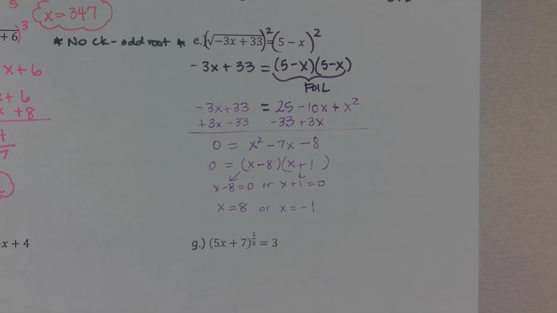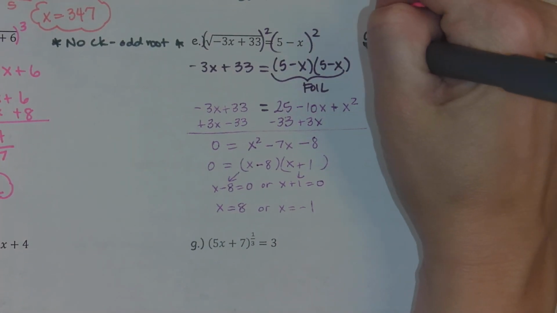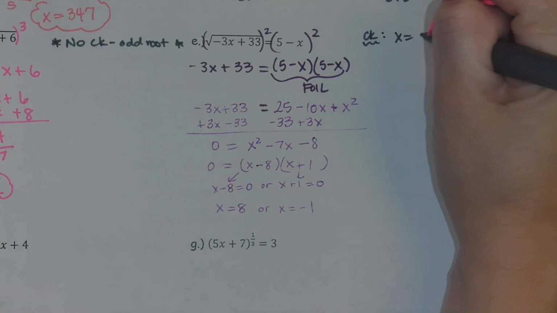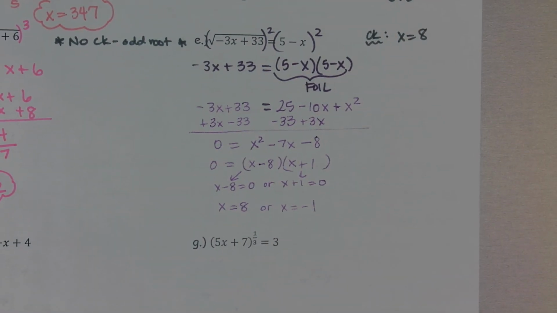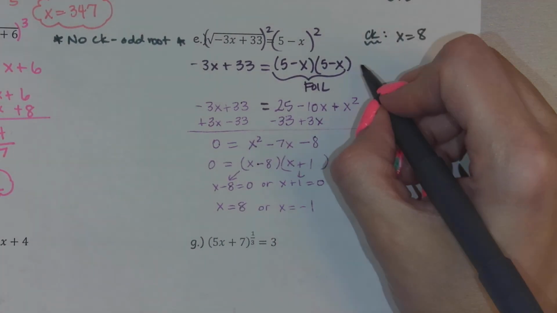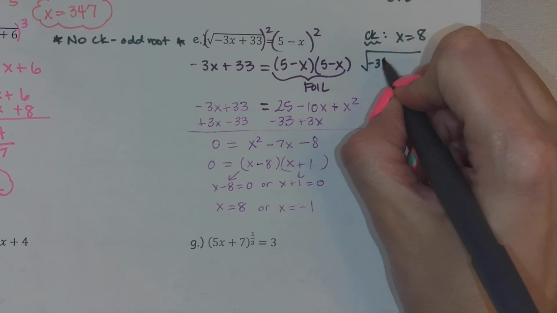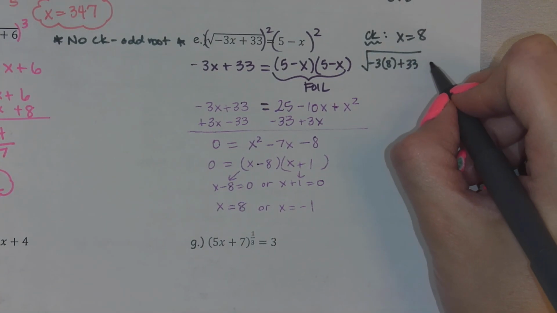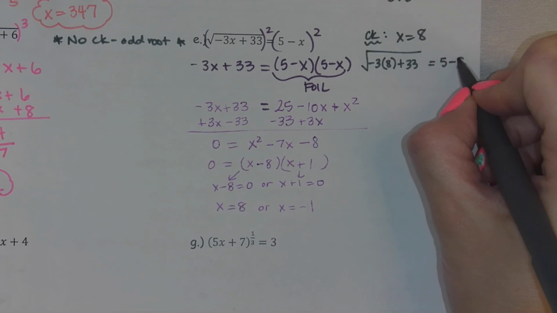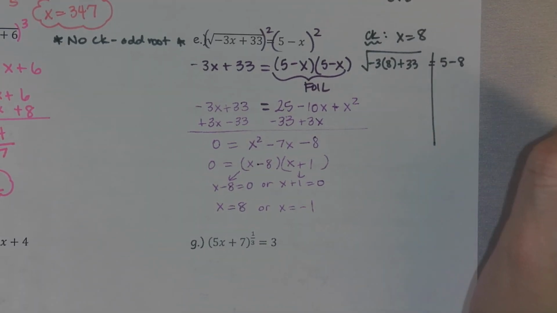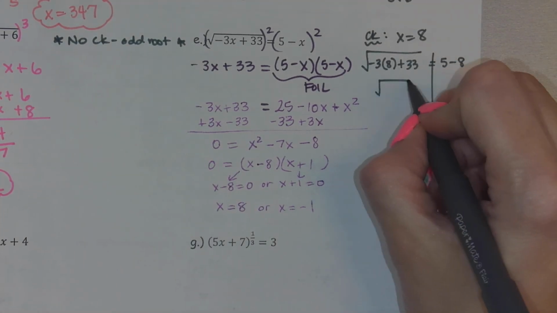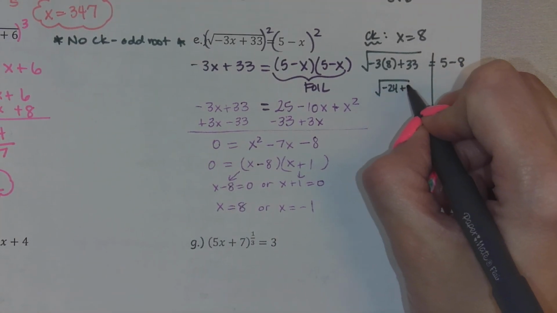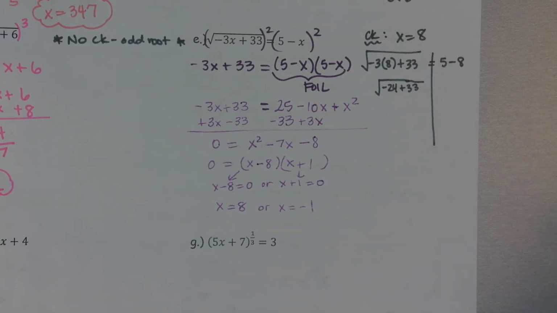Okay, so this is where we need to make sure that we check both of our solutions. So first we can check the 8. And this doesn't have to be a long process. We're just plugging in our 8. Okay, so we get negative 24 plus 33.